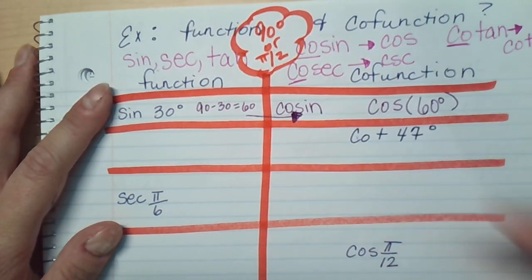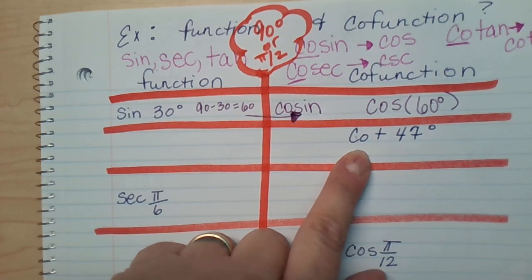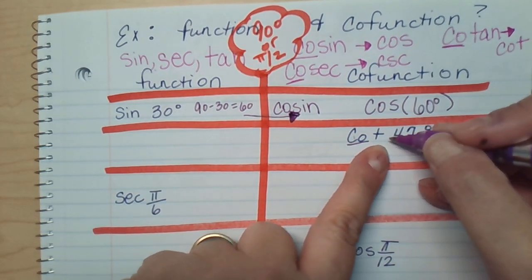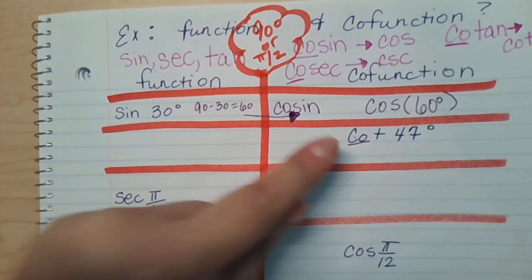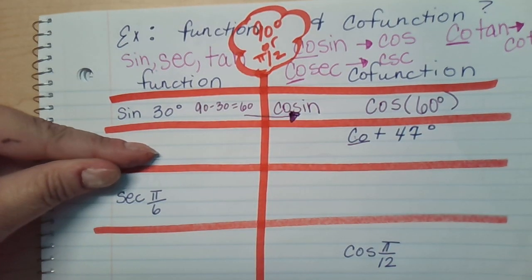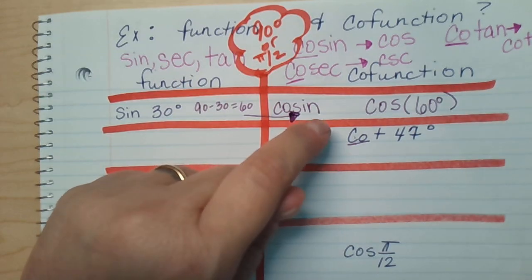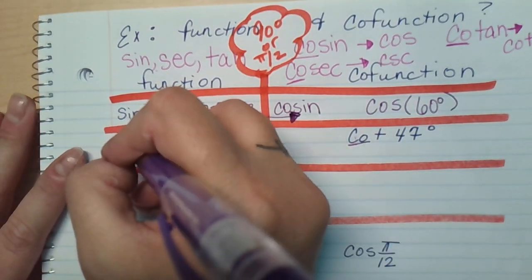Okay, let's look at the next one. I gave you the basics backwards. This is cotangent, so if it's the cofunction, its function is whatever that word is without the co in front of it. Ours is just going to be tangent.